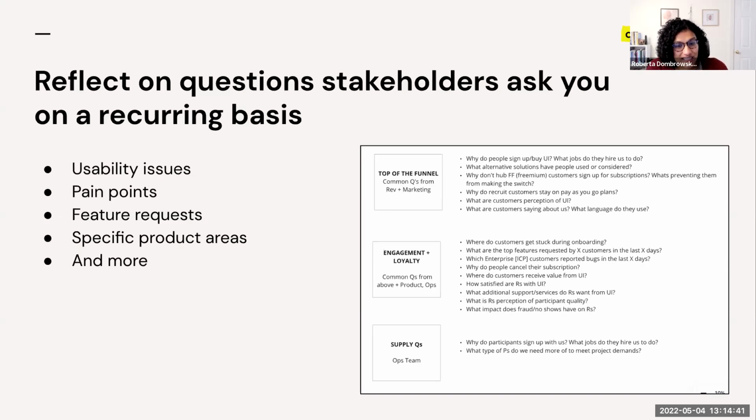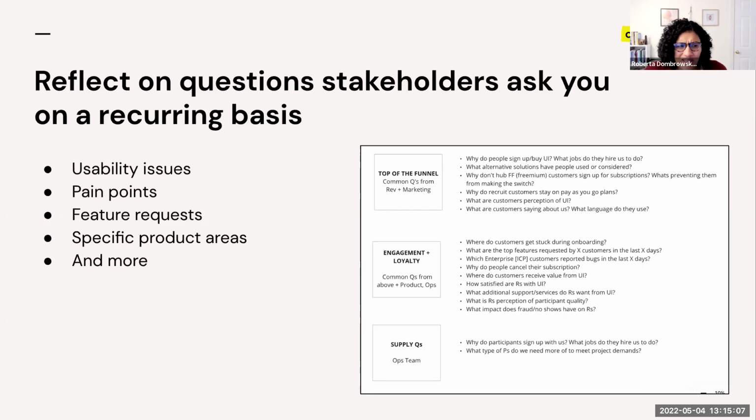How would we define their experiences? And so we actually sat down, did some working sessions as a group, and really thought about the type of questions that we got from stakeholders on a recurring basis. And that gave us insight into what tags we might need to create. If we're constantly getting certain questions, that's going to be how we're going to be searching to find data within the actual tool that we picked as well.